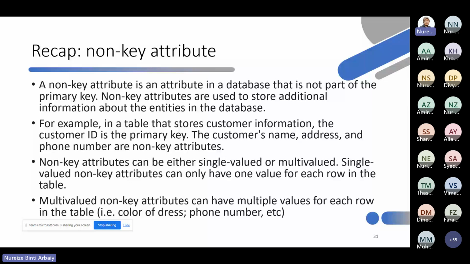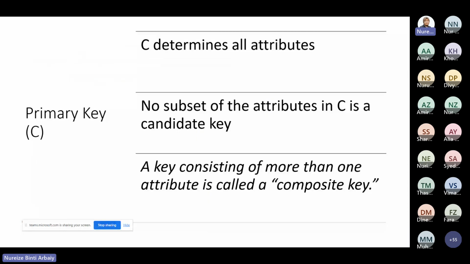This is only the revision. The primary key should determine all attributes. No subset of the attributes in the primary key is a candidate key. A key consisting of more than one attribute is called a composite key. Then foreign key.